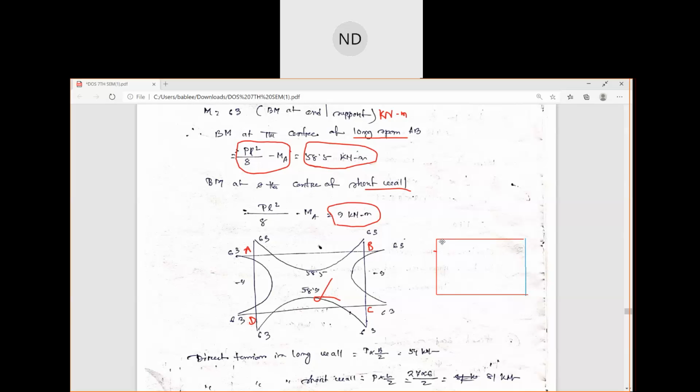At supports it is 63. If I draw again here, I'll take the pencil only. This one is a support moment.